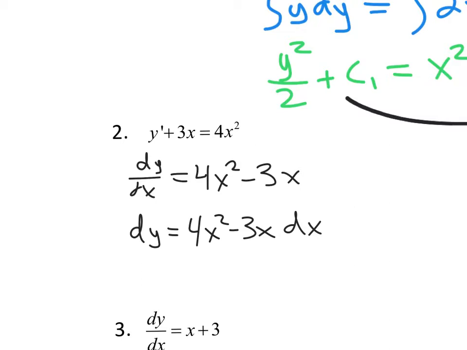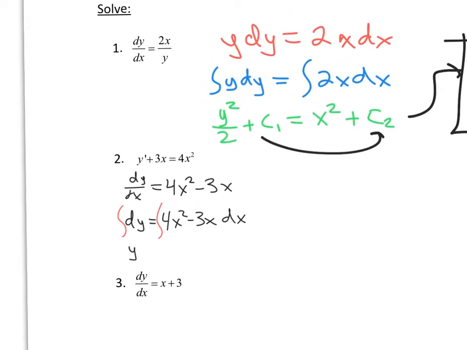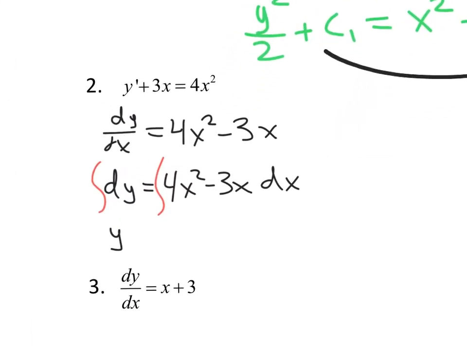And here's where we take the integral of both sides. So I take that integral, and now, like we talked about yesterday, the integral of dy is y plus c, but what you'll notice is every single time here, it's a constant on both sides. We don't have to write it on both sides. We can just keep it on one side.